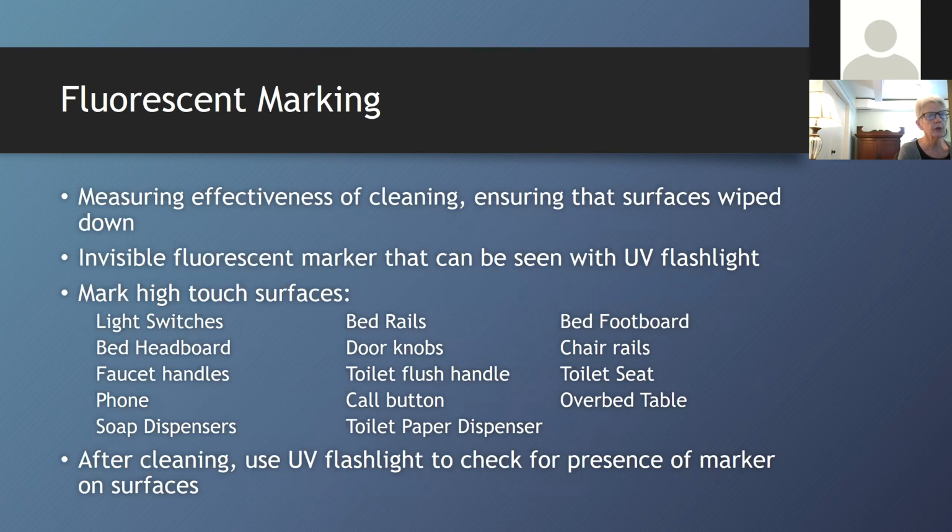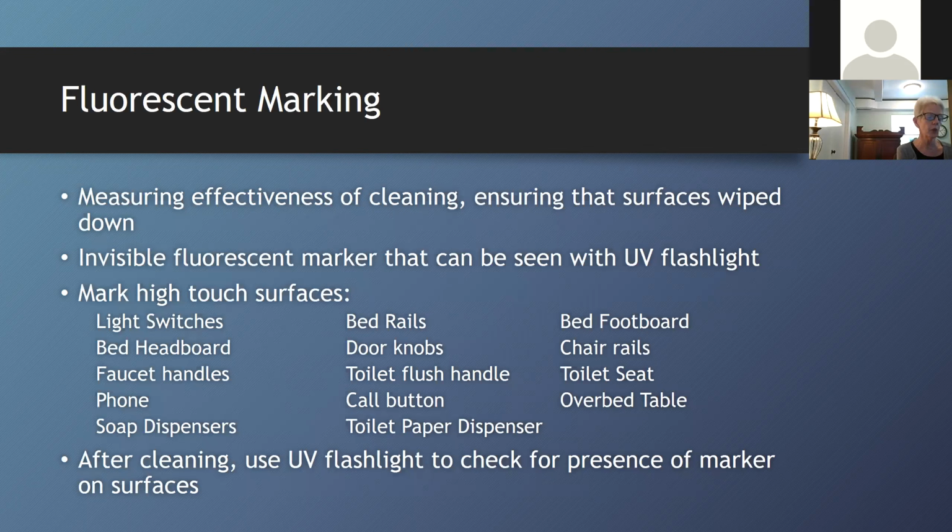So it's probably not your most reliable option for monitoring the effectiveness of cleaning. In one study that they looked at comparing visual monitoring, fluorescent, ATP, and then culturing, they found that the fluorescent results most mimicked the microbiological data.